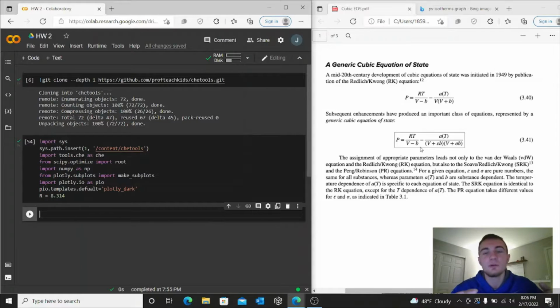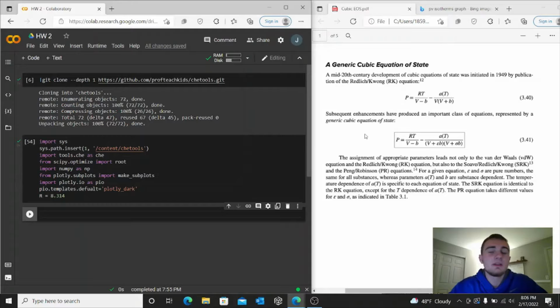So the volume will not only be the volume of the container, but we have to subtract the volume of the individual molecules themselves. So that is what this B term accounts for. And this other term here on the right accounts for the interactions between those molecules. Again, since they see each other, these interactions will cause a decrease in pressure. That is why this term here is subtracted.